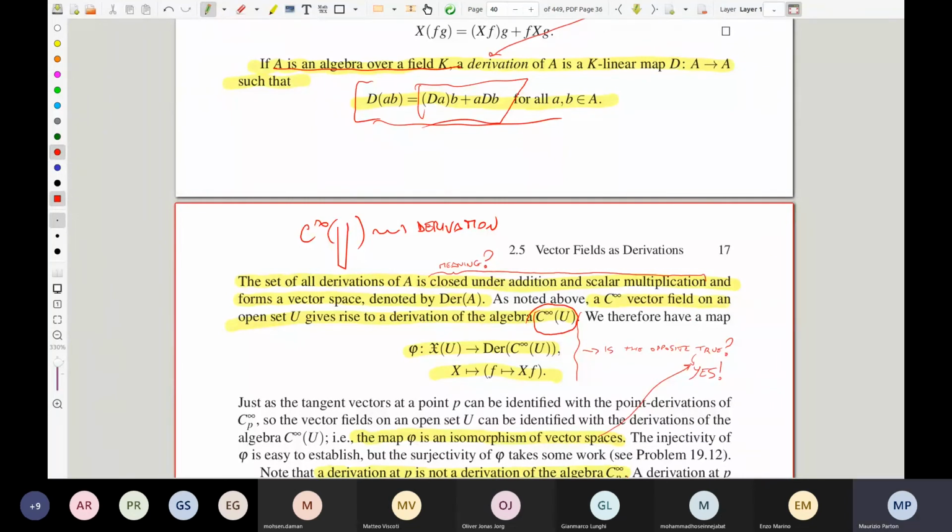The tangent vectors given by a vector field, that is several tangent vectors at several points, give several derivations at a point that are actually a derivation in this.